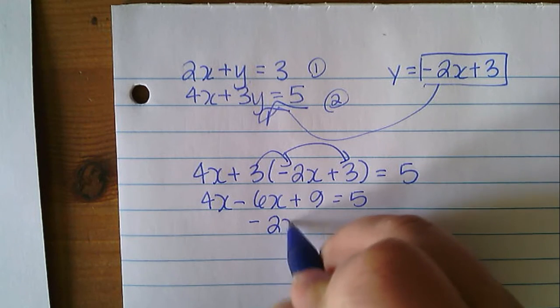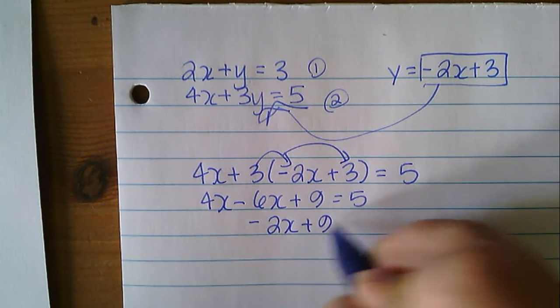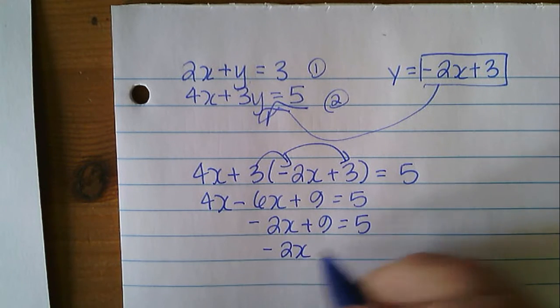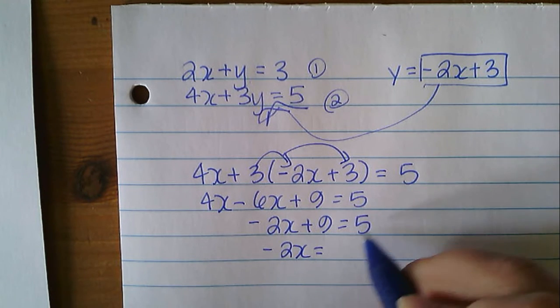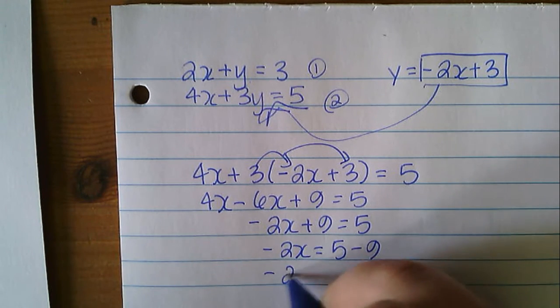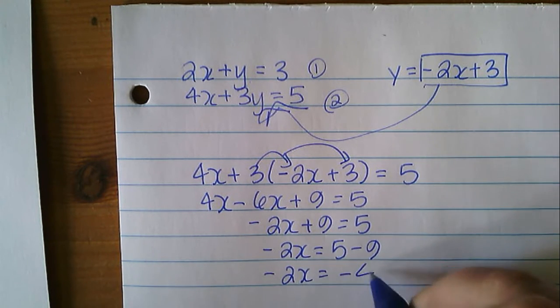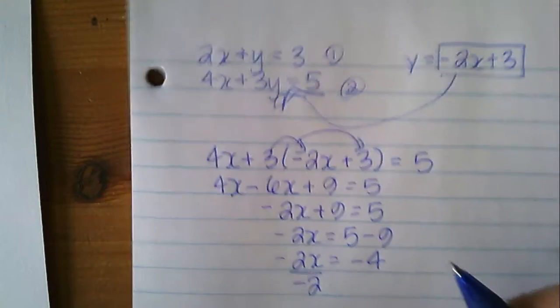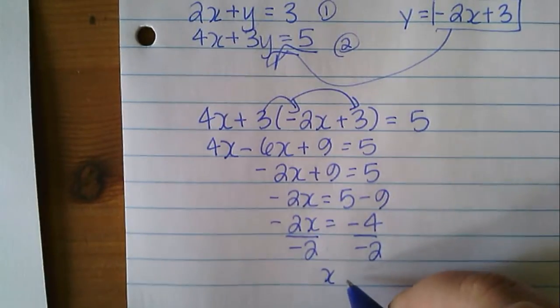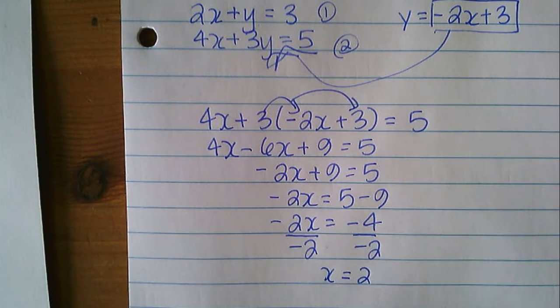We end up with negative 2x plus 9 equals 5. Negative 2x equals, to get that 9 to the other side, we subtract 9. Negative 2x equals negative 4. Divide both sides by negative 2. x is equal to 2.